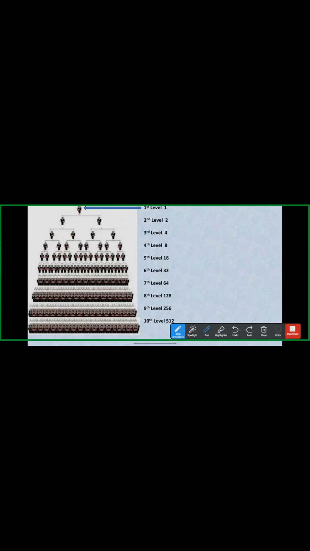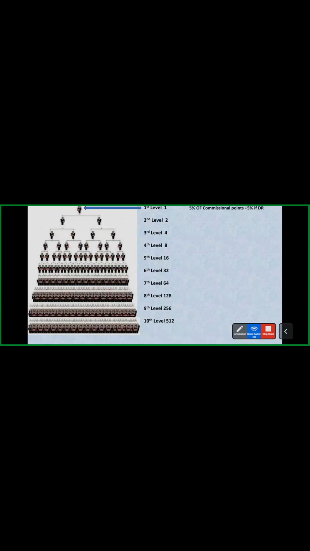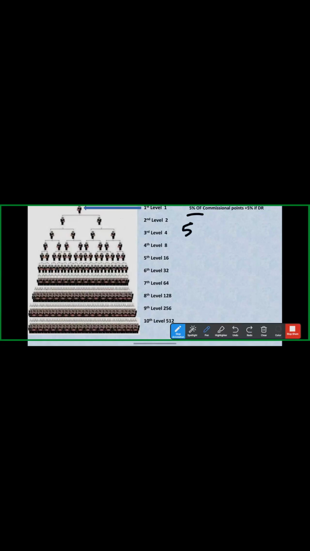Sawa sawa. So the best thing about this Unilevel earnings is that you are going to get 5%. You're going to get 5% of commissional points of all the products that is bought within your first to the 10th level. So this is your level 1, this is your level 10. Sawa.